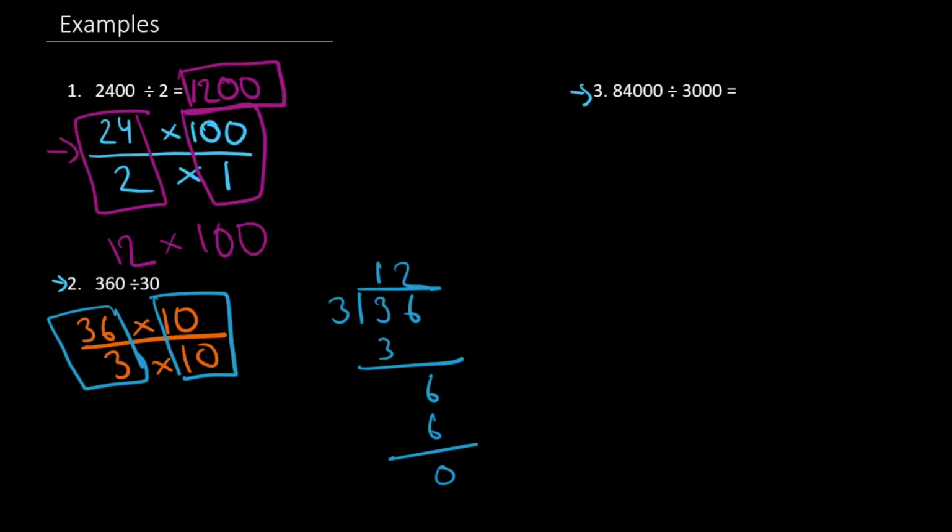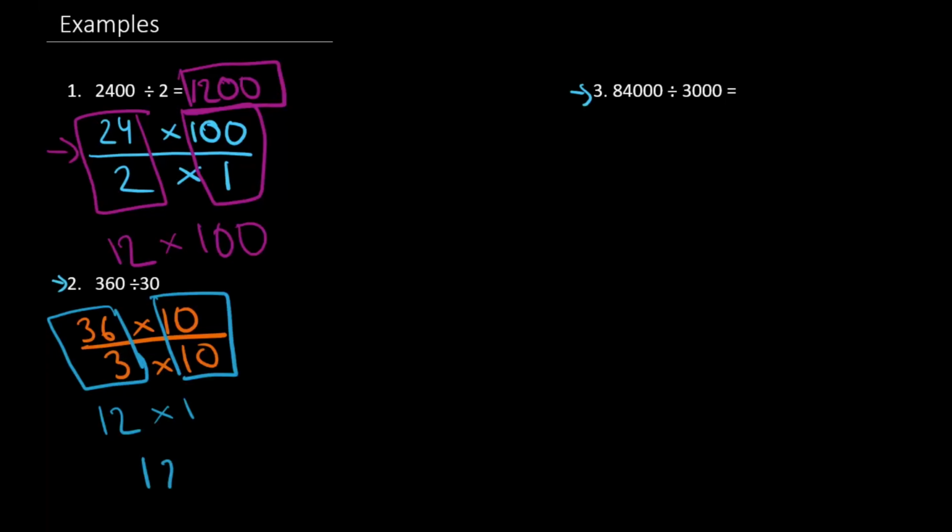So our answer for 36 divided by 3 is 12, and 10 divided by 10 is 1. So we do 12 times 1. 12 times 1 is 12, so that will be our answer for the second question. But before I write it over here, I'm just going to show you the second method.